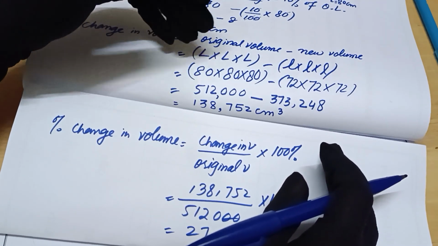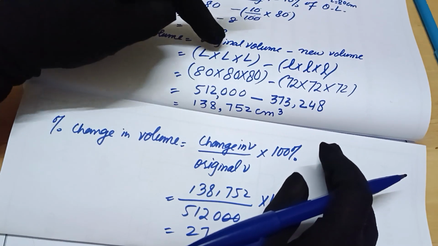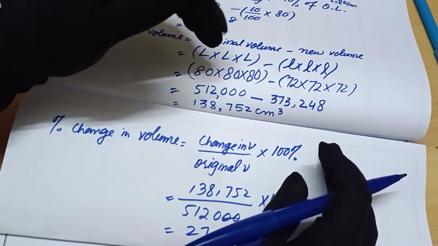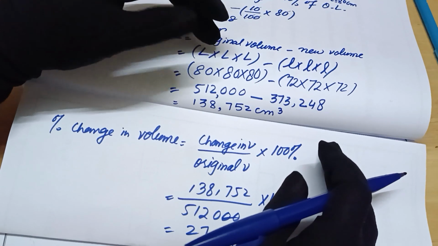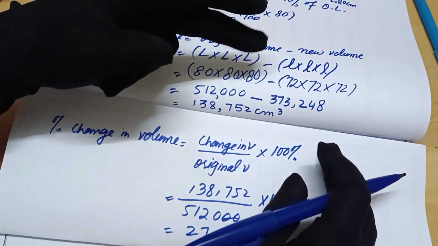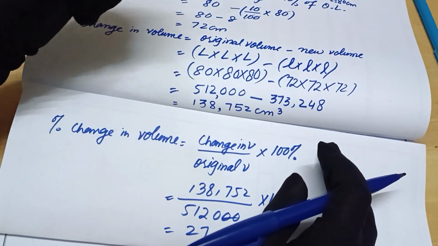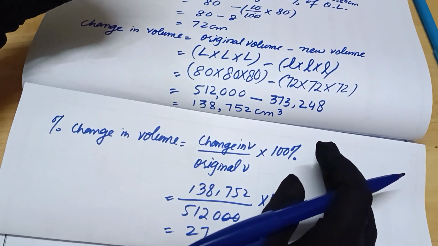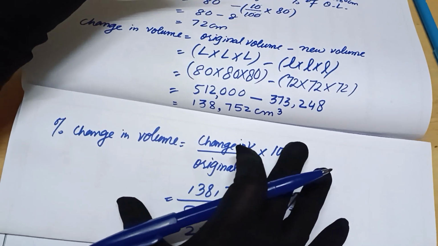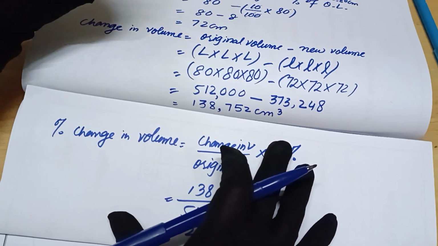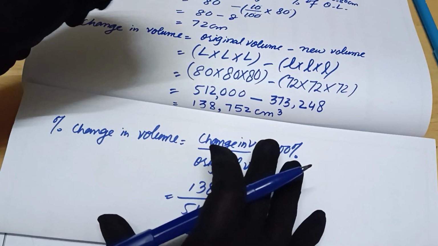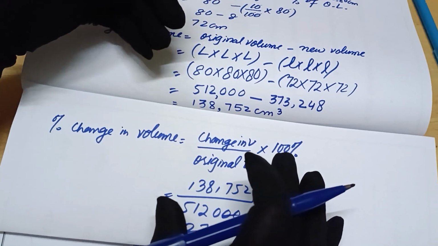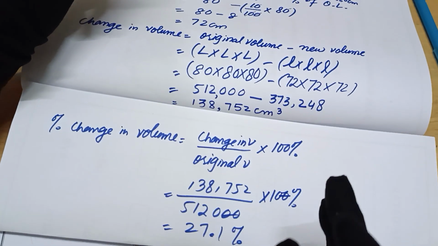But in the measurement case, first we write down the bigger value, then the smaller value. Otherwise normally, how to find the change? Final minus initial. We take final volume or final measurements minus initial measurements. But in case of measurements, we can take the bigger value minus the smaller value.